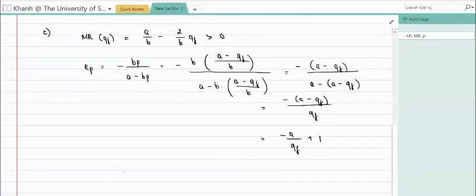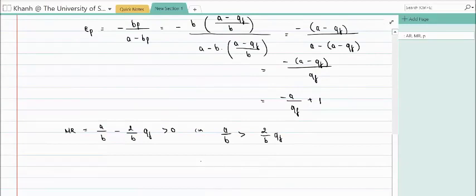Now we are using the fact that the marginal revenue is bigger than 0, which is A/B minus 2/B QF, and that is bigger than 0. Therefore A/B is going to be bigger than 2/B QF.